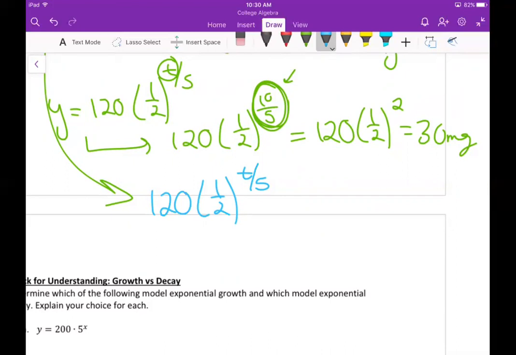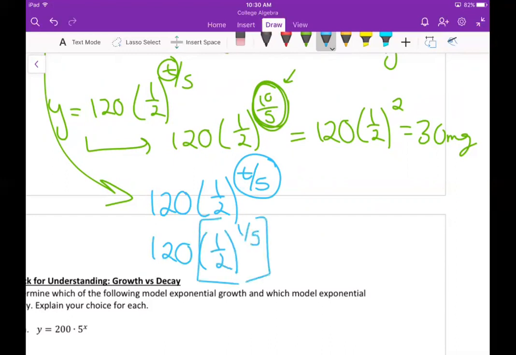If I want to know that decay factor for just 1 hour, what I can think about is breaking up this exponent. This is the same thing as 120 times 1/2 to the 1 over 5, and then to the t power. Remember that power to power, we multiply the powers, and 1/5 times t would be t over 5.